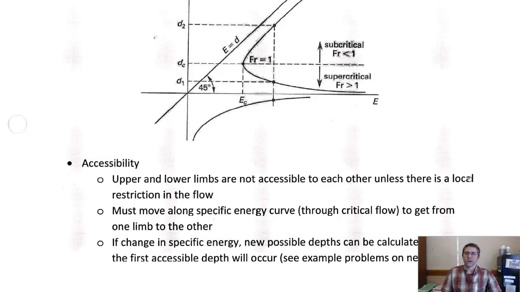So part of why we're talking about this is because engineers, civil engineers, occasionally want to change the flow from one regime to another for one reason or another. One example of this is spillways in dams, or even really steep stormwater outfalls, where we want the water to be moving quickly.